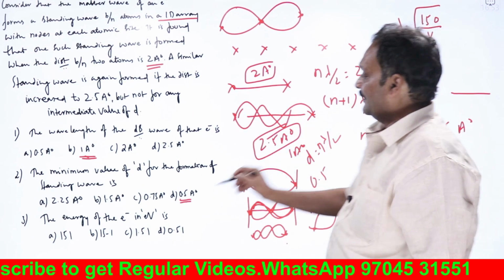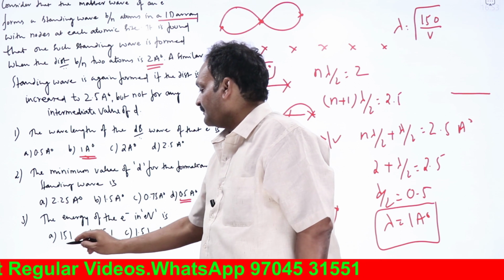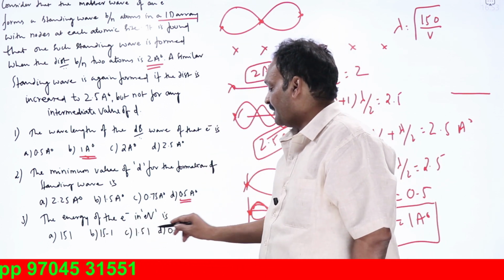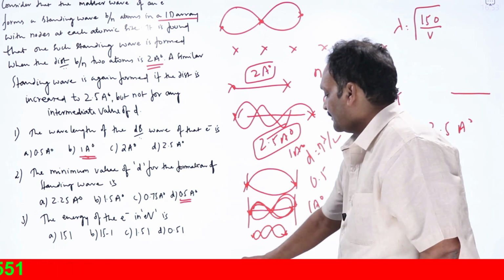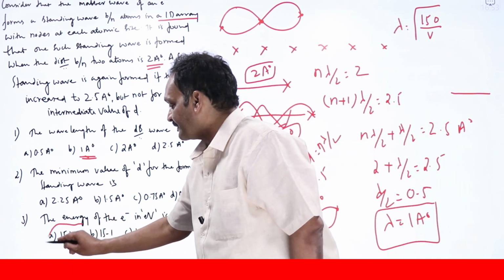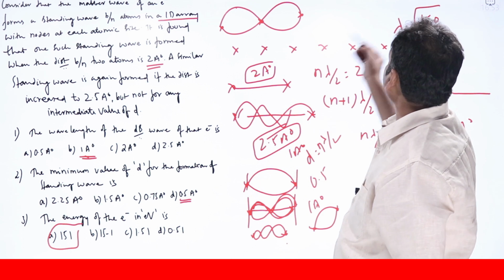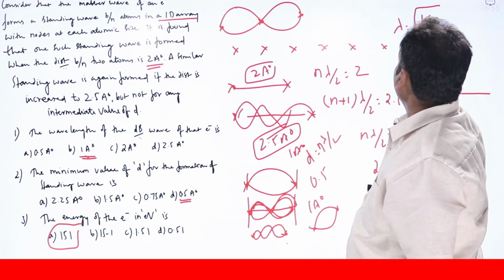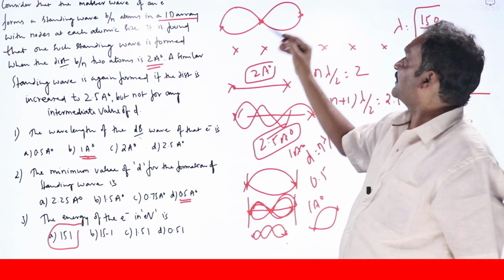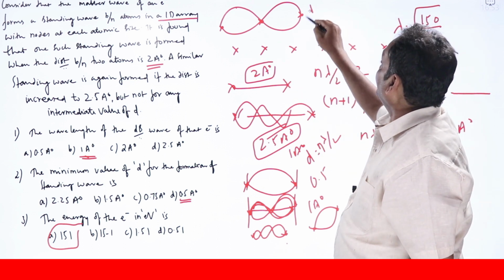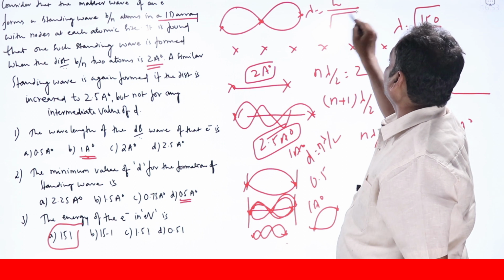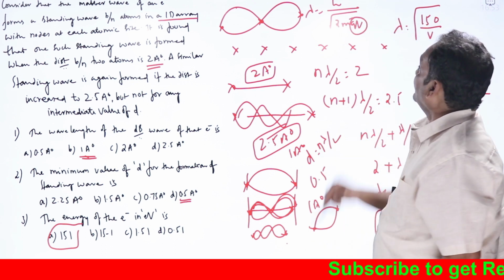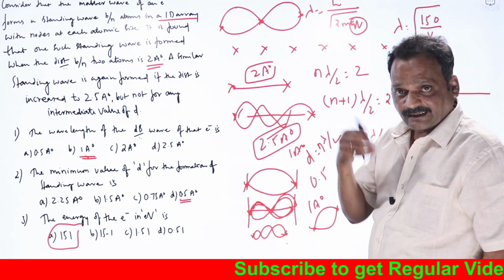Now look here, the energy of the electron in electron volts will be 151, the nearest option, because the others are 15.1, 1.51, 0.51. This I am directly writing from the formula lambda equals under root 150 by V volts. For 1 angstrom, this is what we have got by simplifying the formula: lambda equals h by under root 2mqV. Here qV is nothing but the energy of the electron in electron volts.